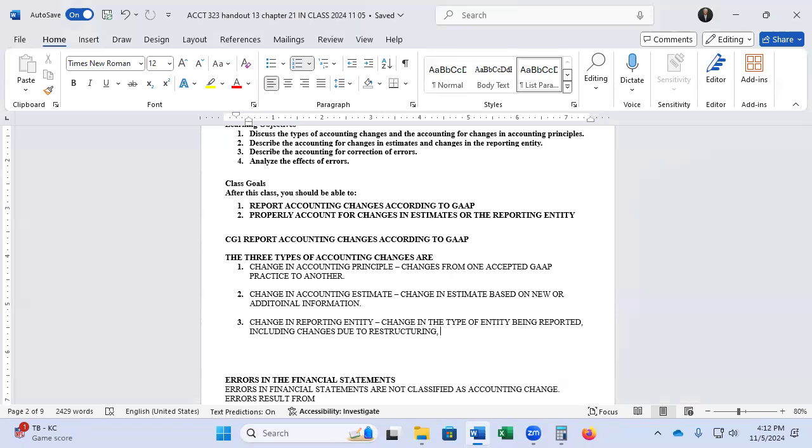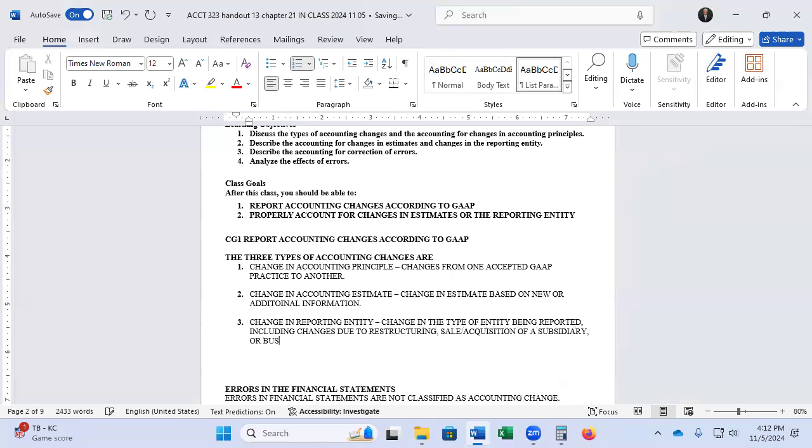And so they'll hold that one out. Sale or acquisition of a subsidiary, or business combination are some of the examples. Basically, you're not the same entity that you used to be.